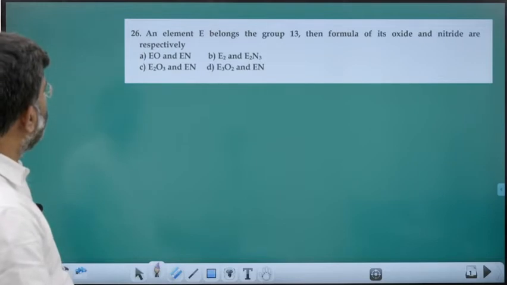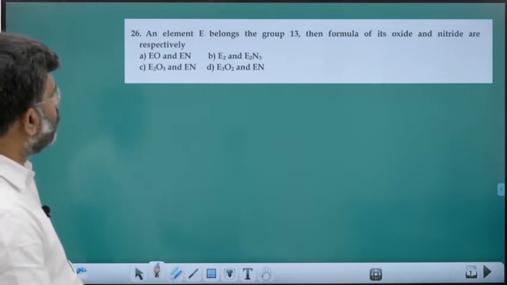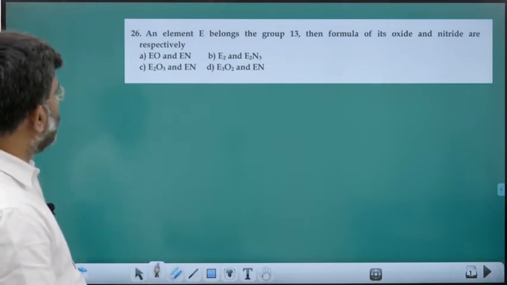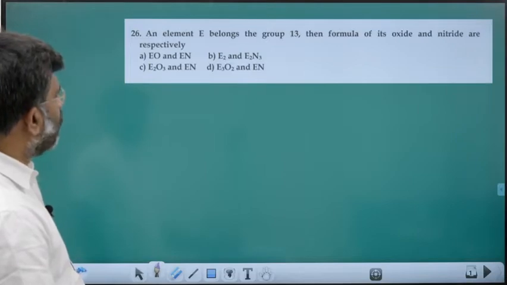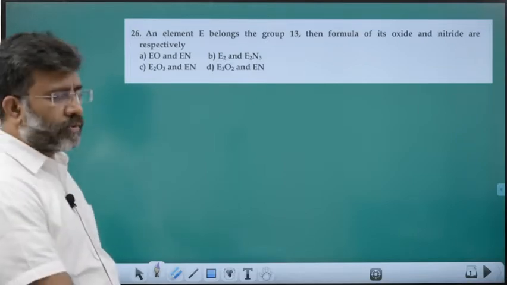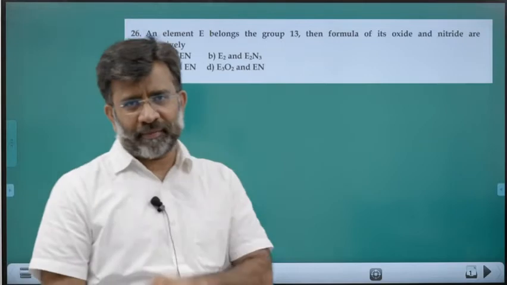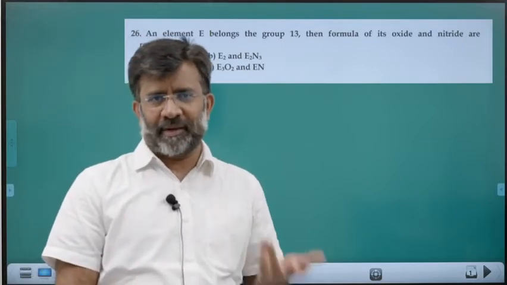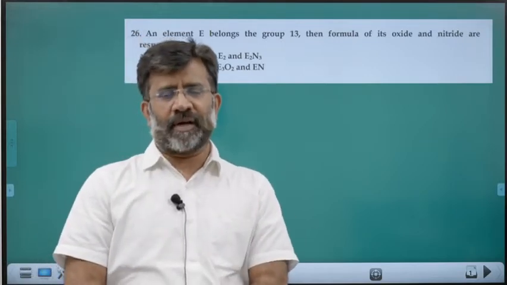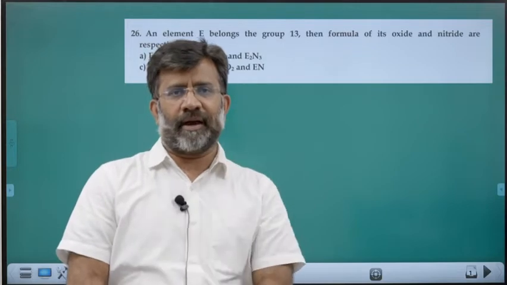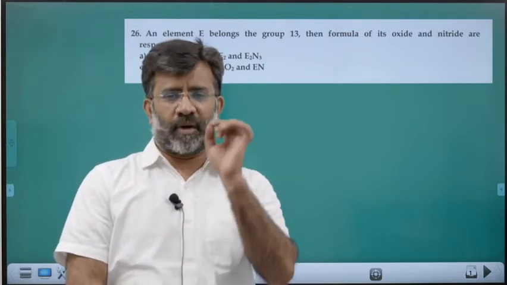Twenty-sixth question. Group 13. Formula of oxide and nitride. Group 13 means boron family: boron, aluminum, gallium, indium, thallium. So what is the formula for oxide, aluminum, boron? What is the formula for nitride?